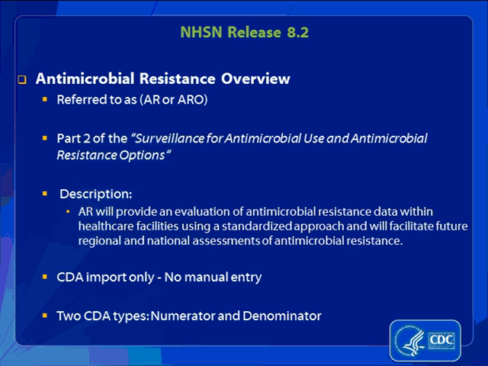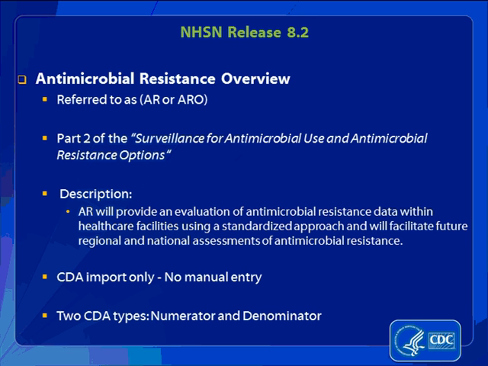So for antimicrobial resistance overview, it's referred to as AR or ARO. You'll see that especially in our supplemental documents. It's part 2 of the surveillance for antimicrobial use and antimicrobial resistance options.